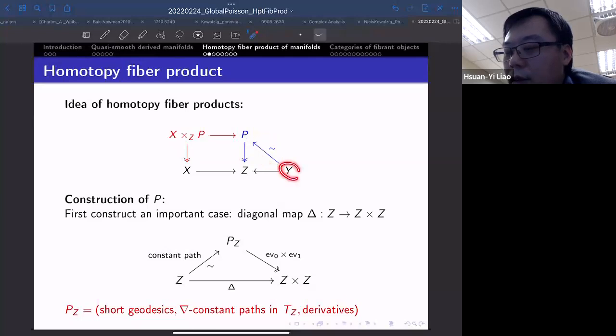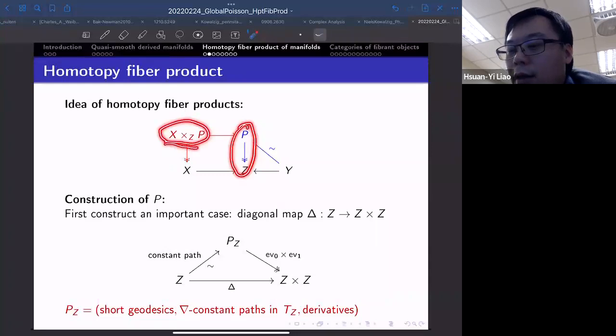So in a sense, this Y and the P are the same space, and I just want to replace a map by a submersion. And then I use this submersion to take the fiber product.